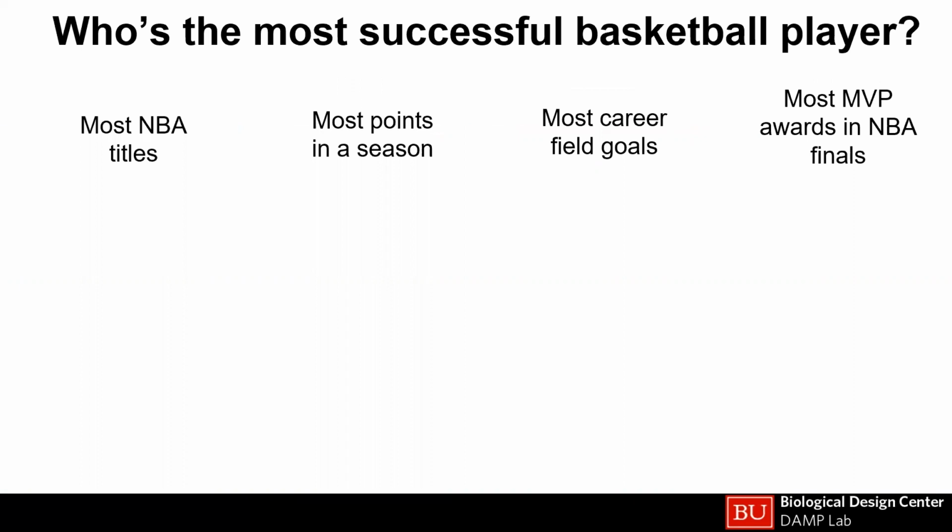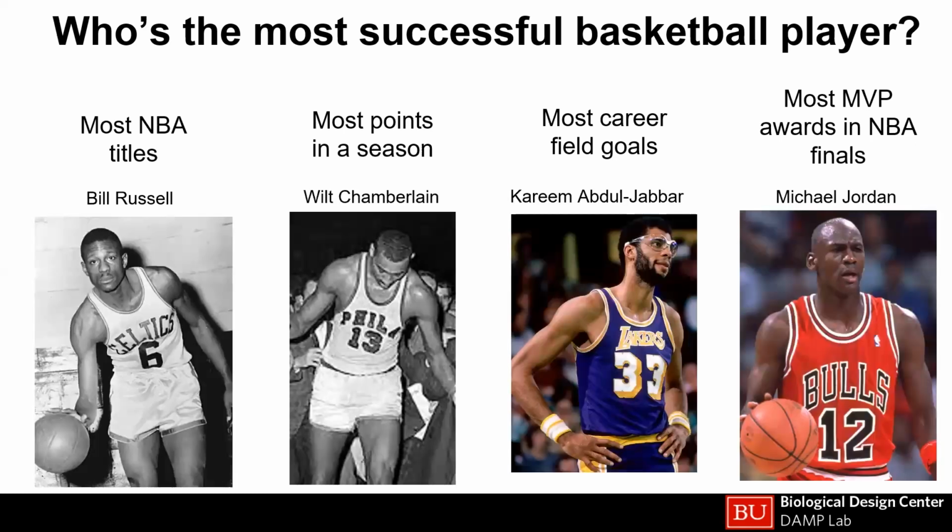So if you ask the question, who's the most successful basketball player? Well, what's your criteria for success? Most NBA titles, most points in a season, most career field goals, most MVP awards in NBA finals. Doug, do you know any of these answers? Bill Russell. Oh, nice. Okay, so pretty good.